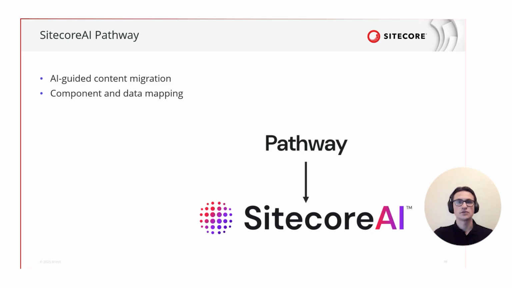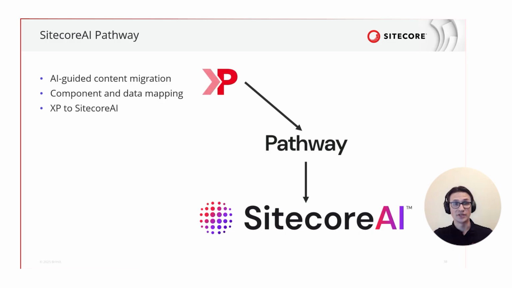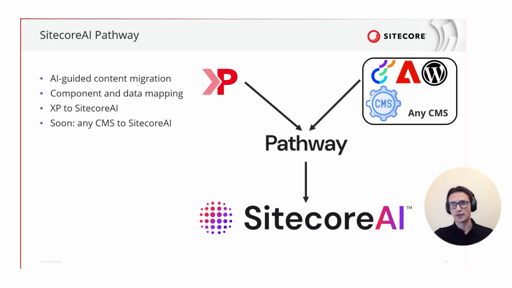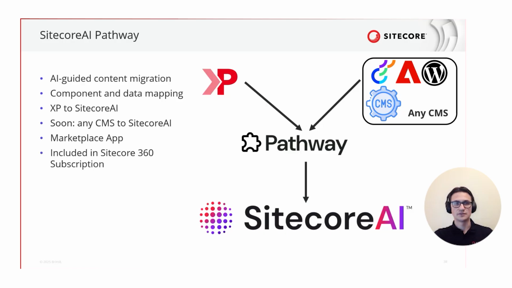The initial release includes the migration from XP to Sitecore AI, but soon there will be migration from any CMS like Optimizely, Adobe, and so on into Sitecore AI. The cool thing is that it's implemented as a marketplace app, and it should already be available for Sitecore's 360 subscription clients.